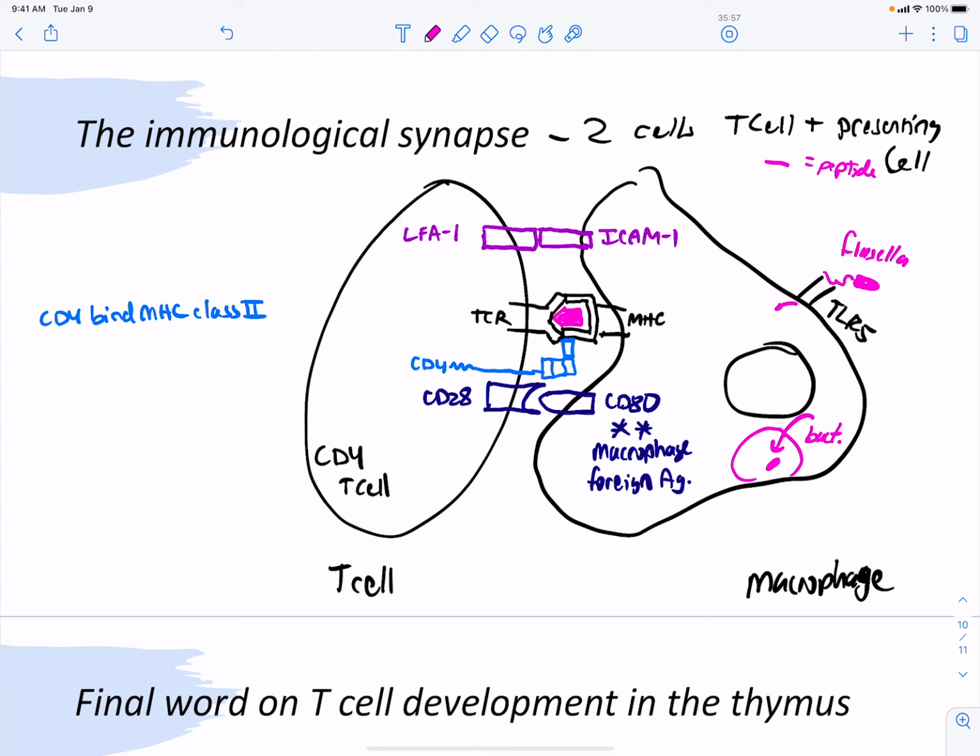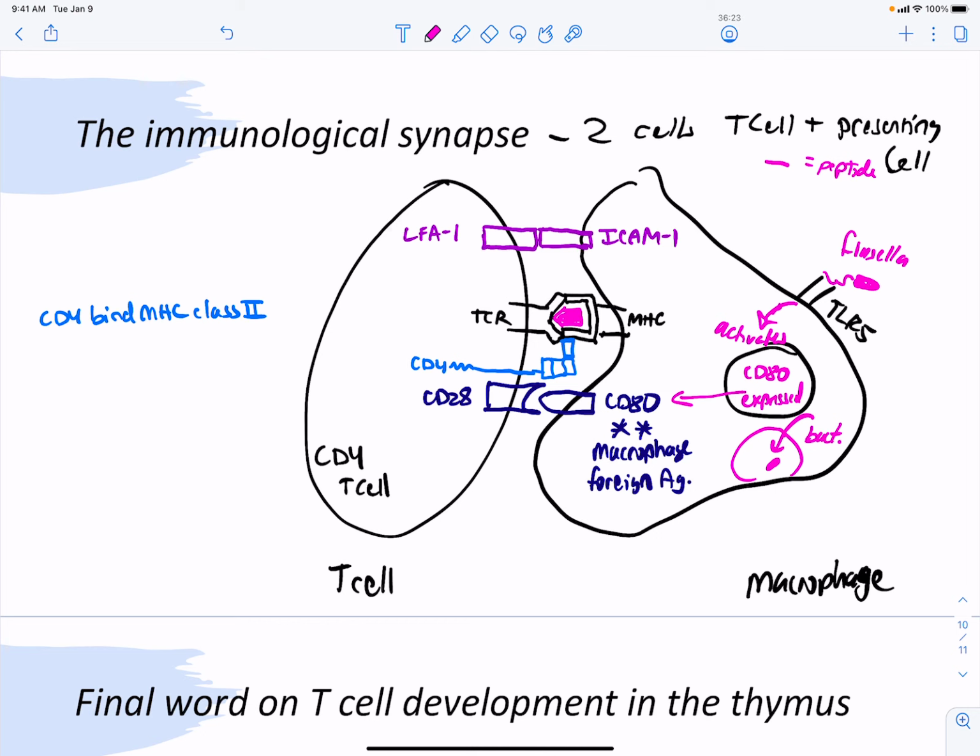And this activates our macrophage, and activation of our macrophage causes CD80 to be expressed. And CD80 is telling the T cell that this macrophage is activated. You're seeing this peptide.